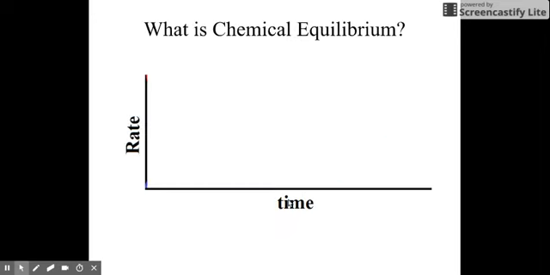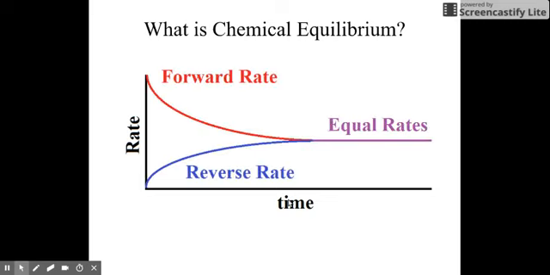Let's understand that further. In a chemical equilibrium, because the rate of the forward and the reverse reaction is equal, when we plot the graph, it will look like this. If we analyze the curves here, we have a blue and a red curve. Blue starts at 0 while the red starts at a certain rate.